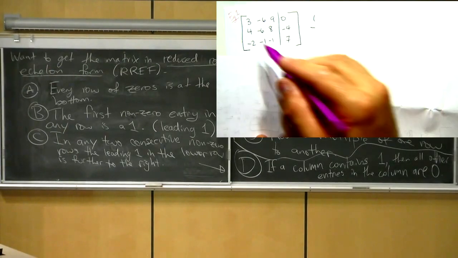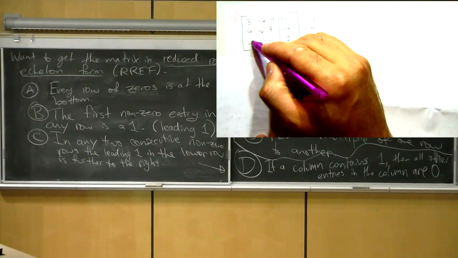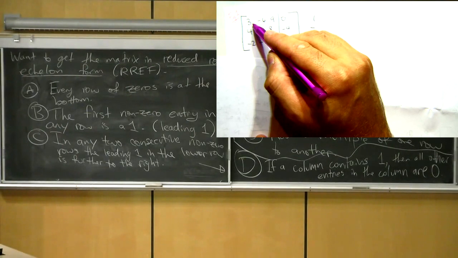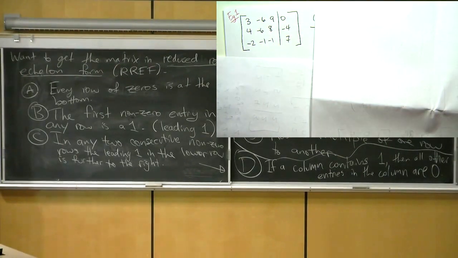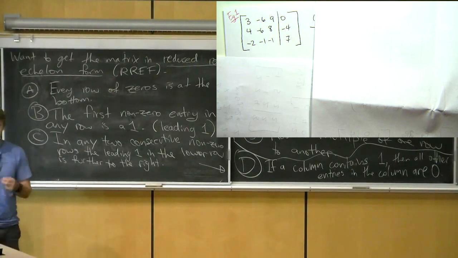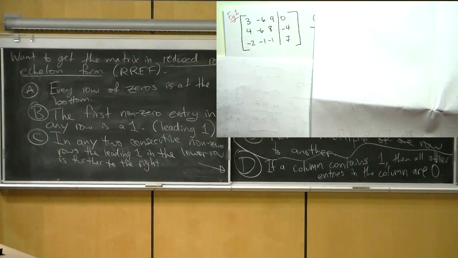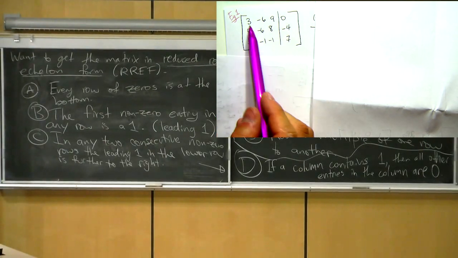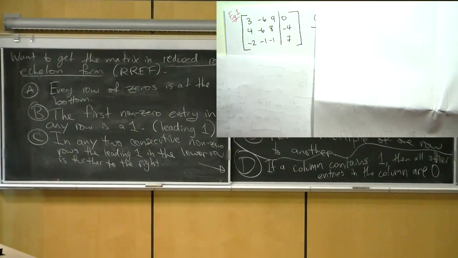I would start with the first column. What we're going to try to do is get a 1 in that first column. You'll probably see this in the textbook as pivoting a column. To pivot a column means to get a 1 somewhere in that column, and then to get everything else to be 0 in that column.